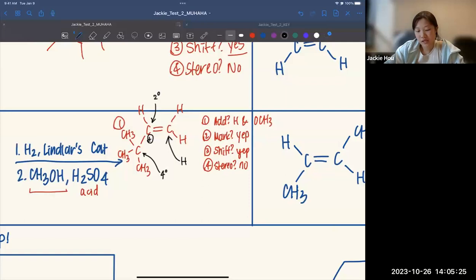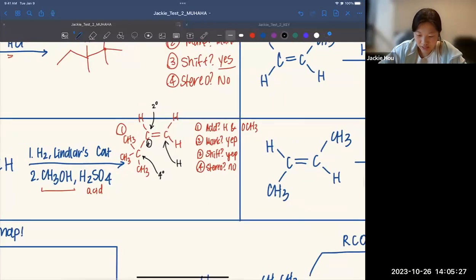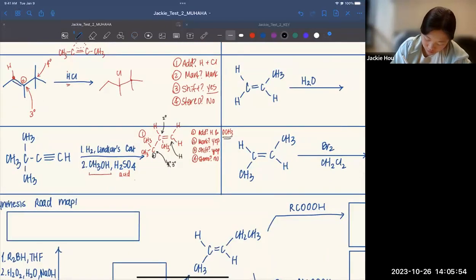Because this is more substituted, if I do a methyl shift, shifting this all the way over here, I'll have a carbocation on this side, and now this will be considered tertiary. Because a tertiary carbocation is more stable than a secondary carbocation, the shift is going to take place. And then my methoxy group over here is going to add to it. So ultimately, your final product is going to look like this.